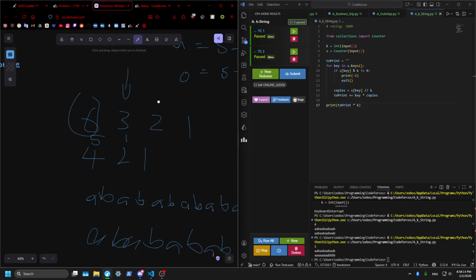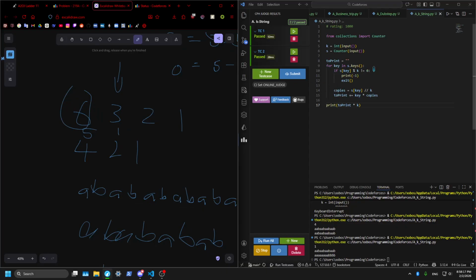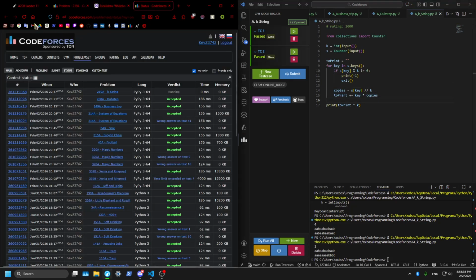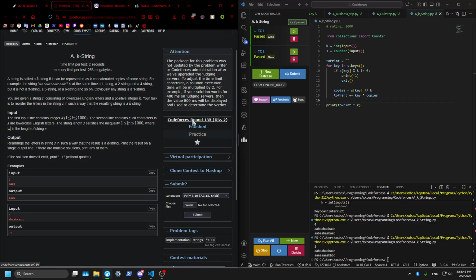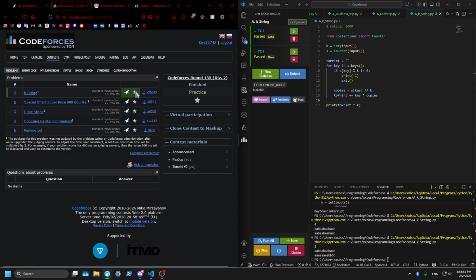We just want to check if it's valid for 3. We check if it's valid for 3 by modulus. We count all the things in modulus by k. And then our copies are just equal to that value divided by k. I don't know why this question took so long. I can bookmark it. I'll do it again some other time, see if I remember the solution.